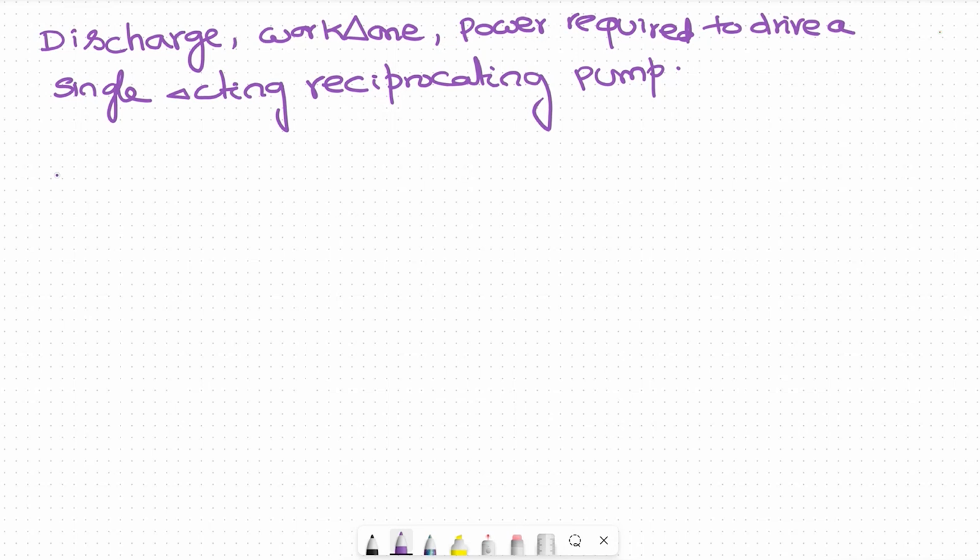So already I mentioned it as a single acting reciprocating pump.